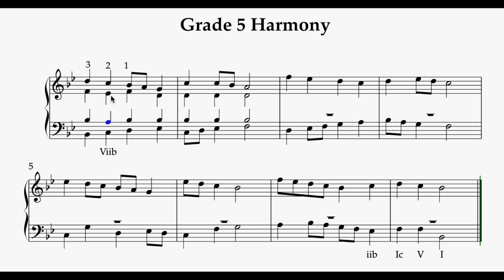Okay, and so here we end up with unequal fifths, because that's a perfect fifth, and that's actually a diminished fifth, so that's fine, that's accepted. And plus it's on the inner voices, so all's good.